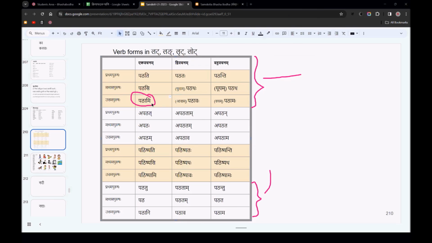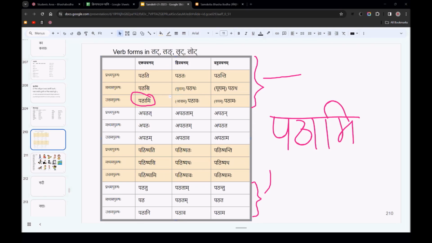That means if I just say patami and say nothing else, I don't use the noun word here. Since patami can be used only with the aham word, aham is implied even if I don't say it, because there is no other noun word with which this form of vibhakti can be used, right? So when I say patami, that means aham patami only.